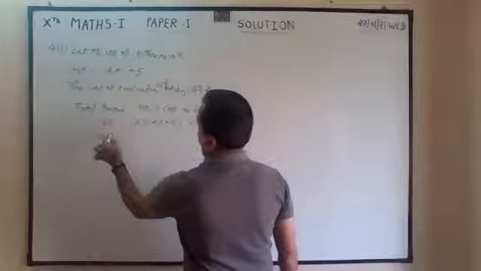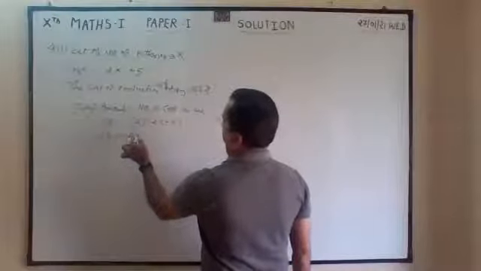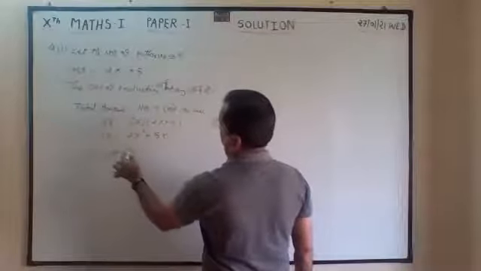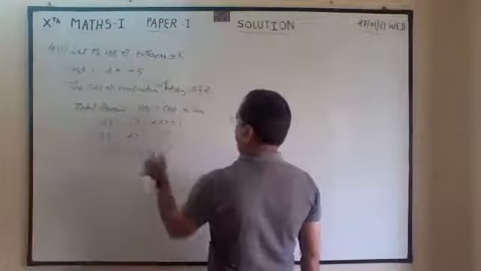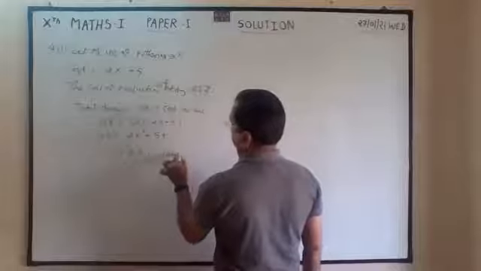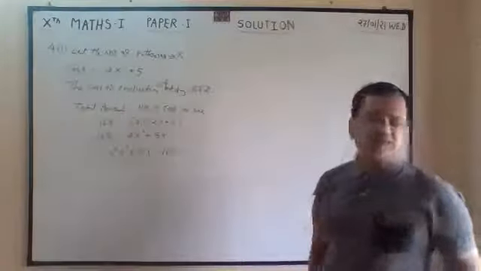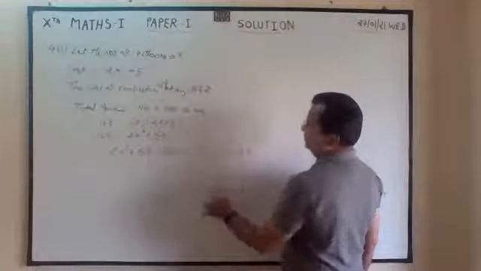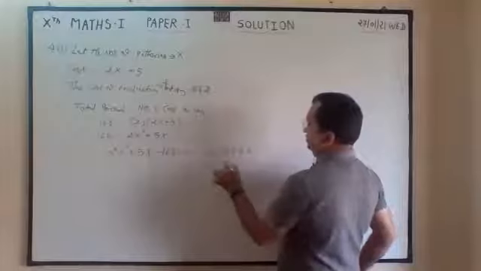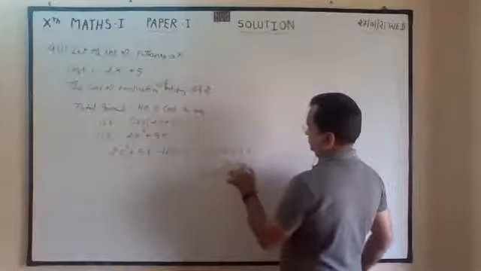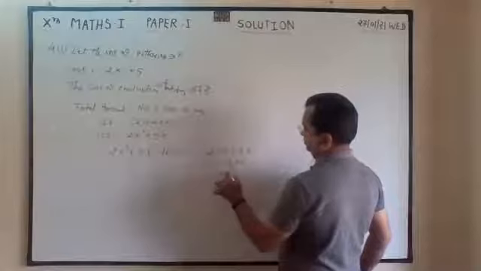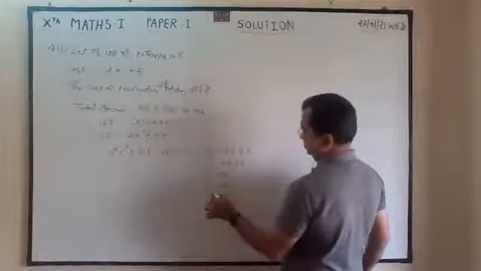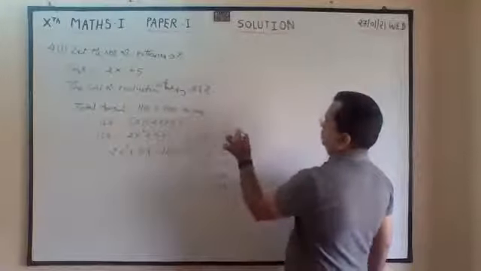So 2x square plus 5x minus 168 equals 0. The 2 times 168 product, we want 5 as the sum.